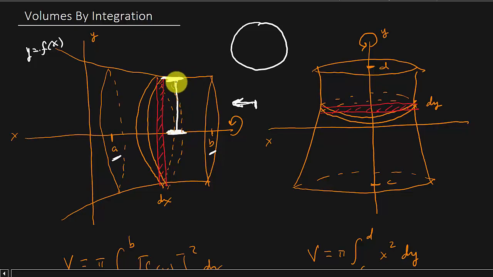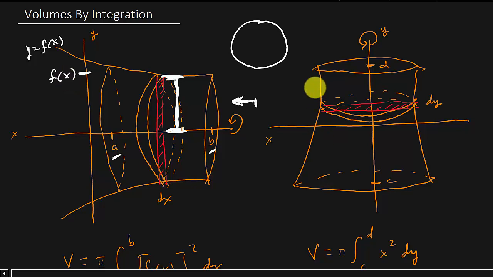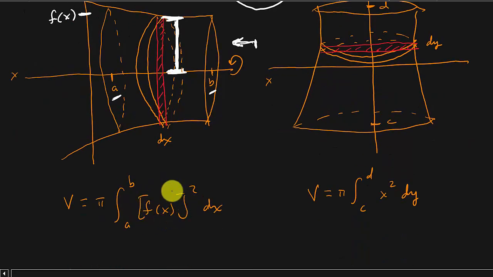We go up how many units? y units, right? Whatever this y value is. And instead of y, we can put f of x. So the distance from here to here is f of x, and so there's your radius squared. You see that? And then times pi. You just put the pi outside the integral.